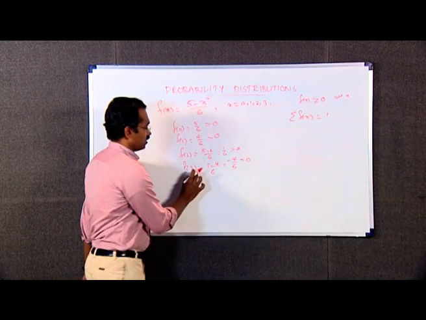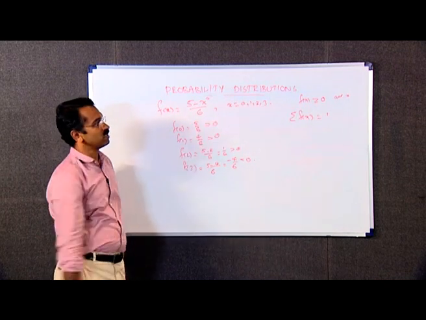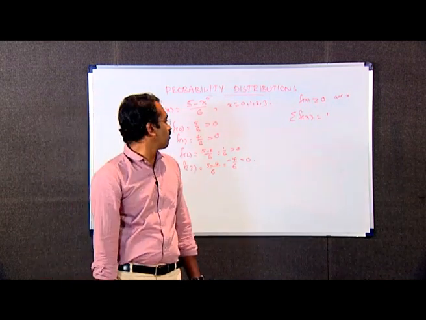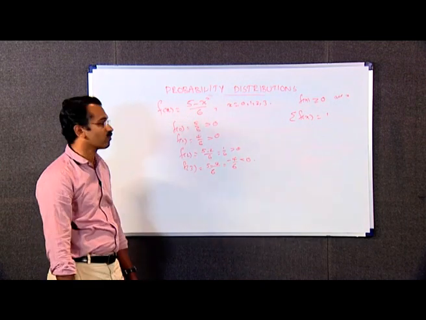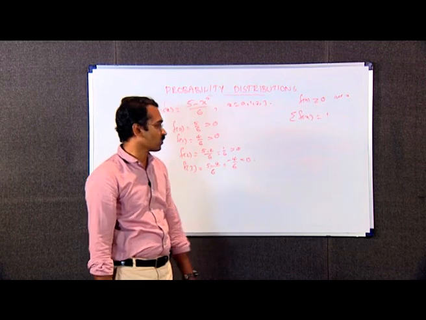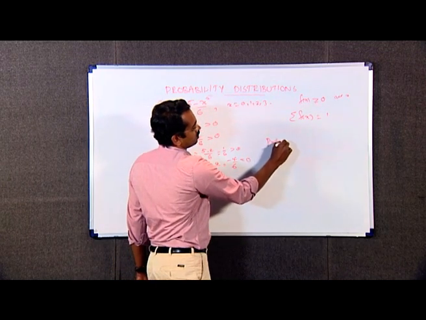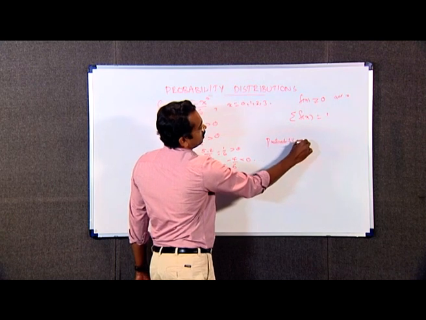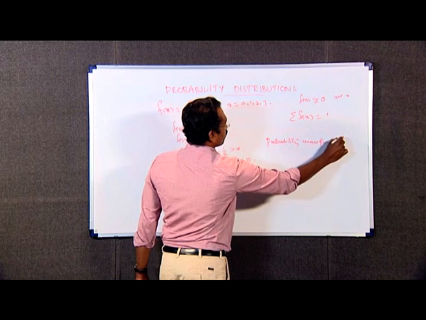Here, for x equal to 3, the first condition is violated. Therefore, this given function is not a probability function. In the discrete case, the given function is not a probability mass function, PMF.